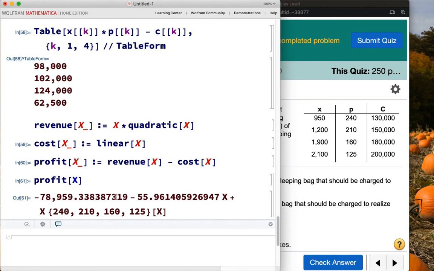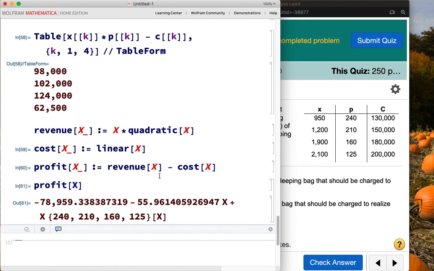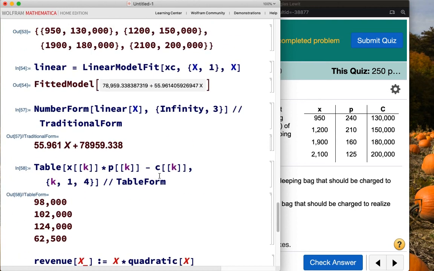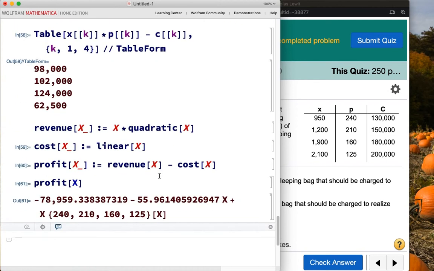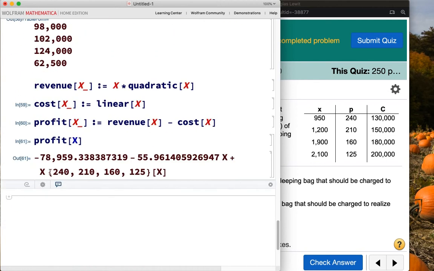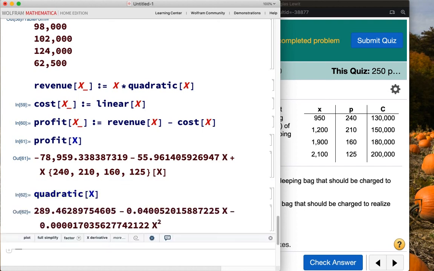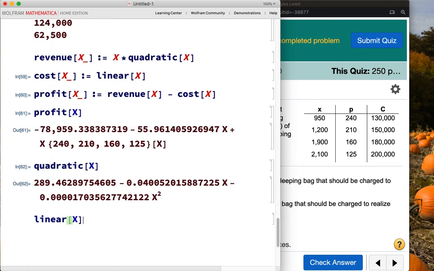Okay, something happened. There is something wrong here with the definition of my function. Wait a second, because this part right over here should not be happening. This is very strange. Quadratic of x, that looks good. Linear of x.